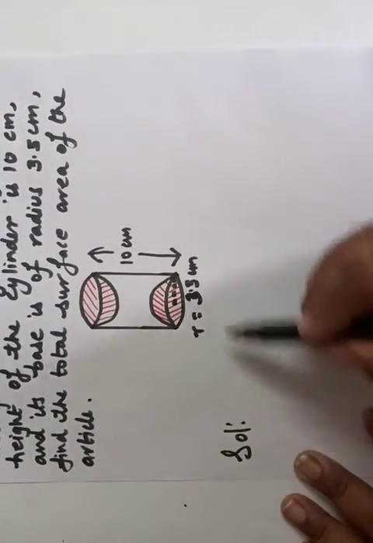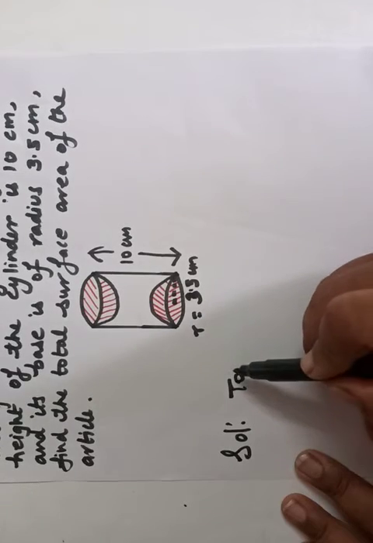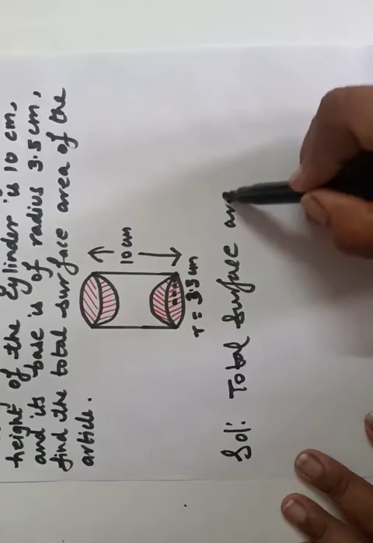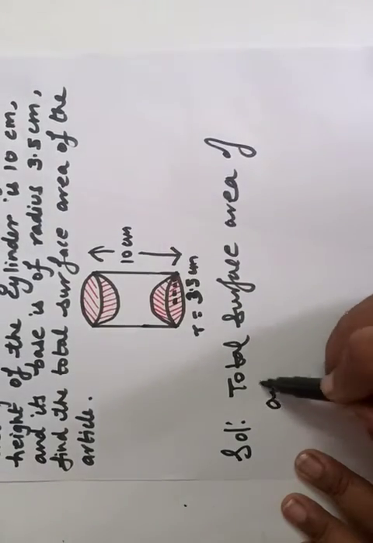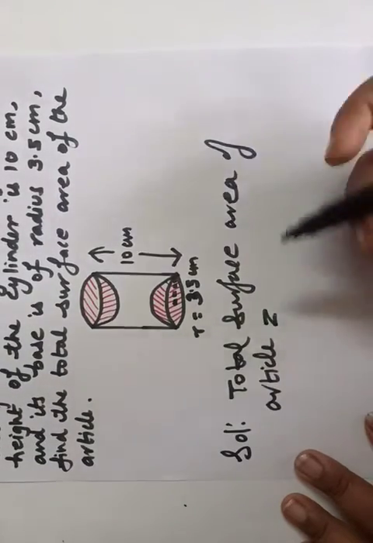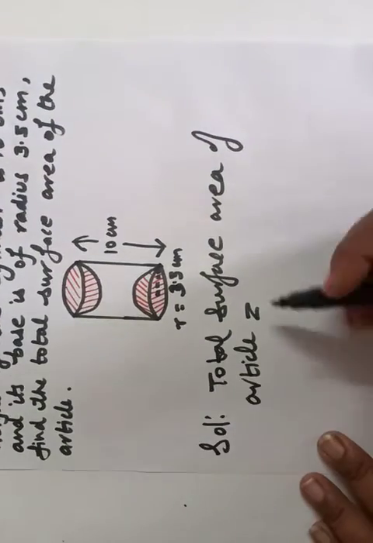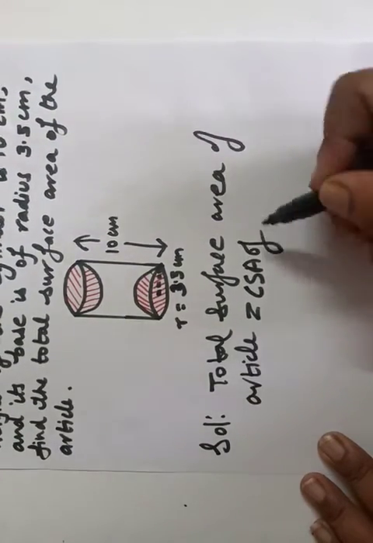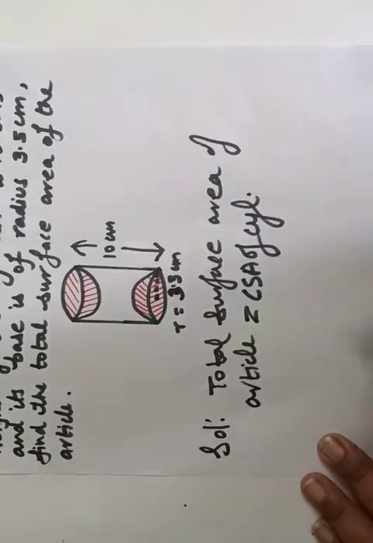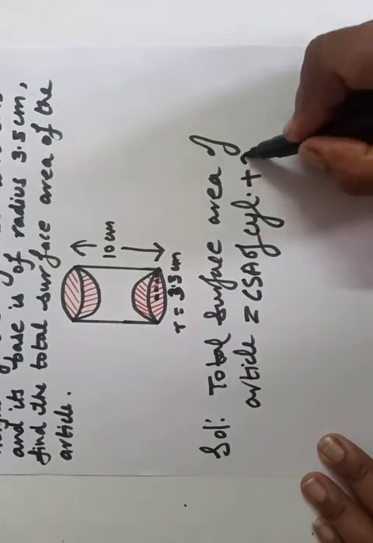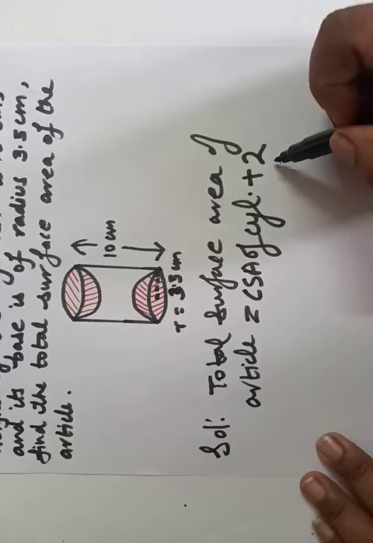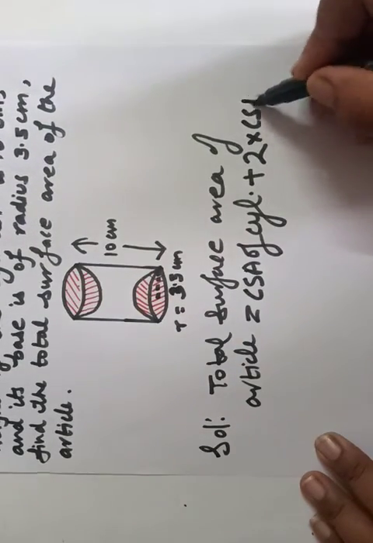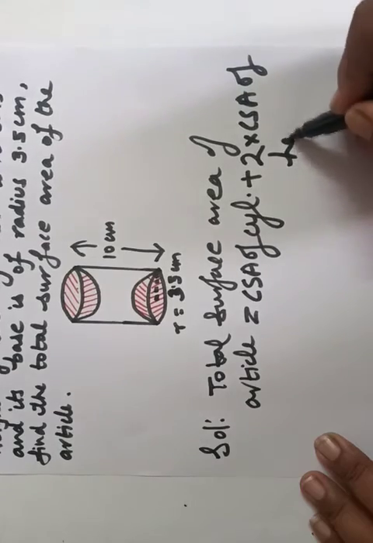How can we find the total surface area of the article? That is equal to the curved surface area of the cylinder plus twice. Why am I taking twice? Because two hemispheres are there, twice the curved surface area of the hemisphere.